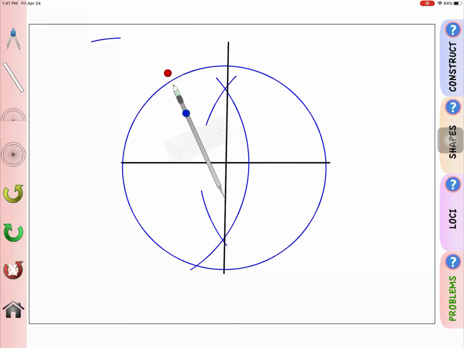Let's spin it down so it's out of the way first, and come to this point here, and then we pull her up, and we put a bisector there, and we can do that around all of them.